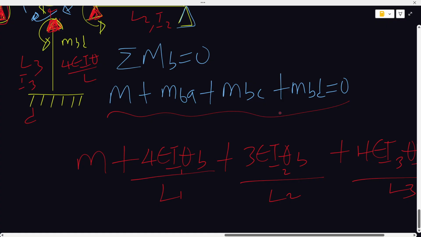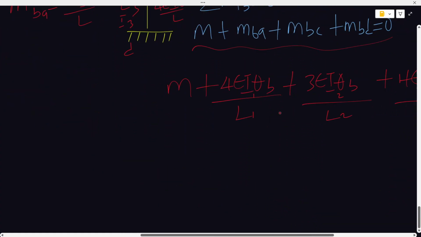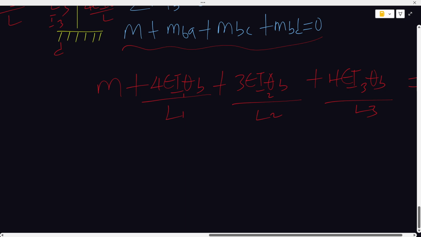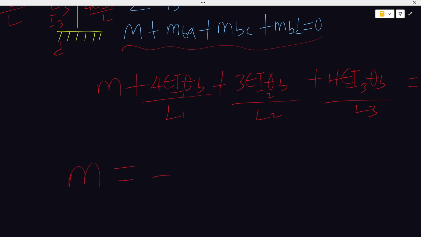So M is equal to minus, carrying everything to the other side, that's why I have minus, but I'm now bringing 4E out.